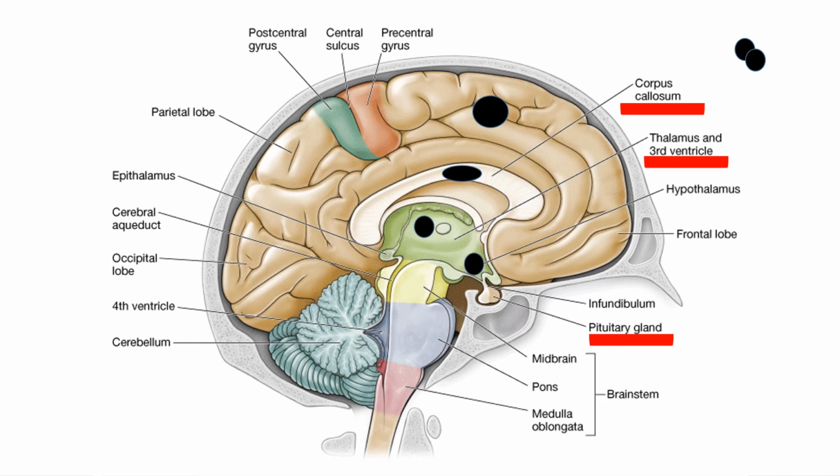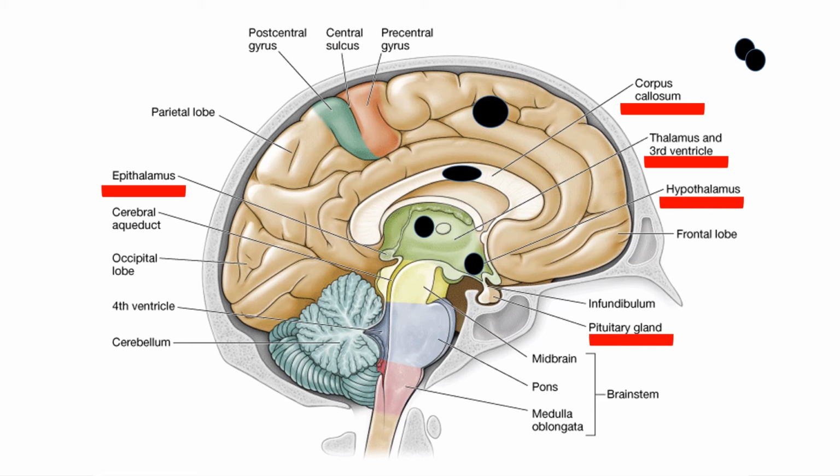Then the anterior part of the thalamus is called the hypothalamus. The hypothalamus is a group of nuclei in front of the thalamus, and they are concerned with control of the hormonal system of the body.